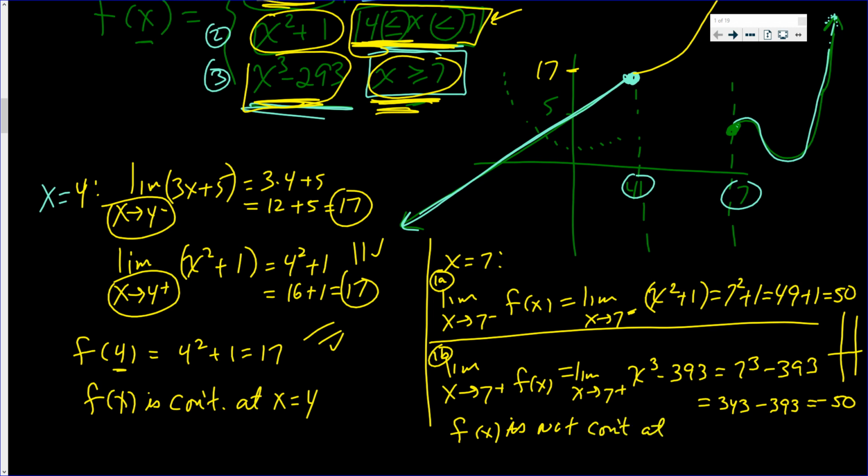Another name for not continuous is discontinuous at x equals 7.